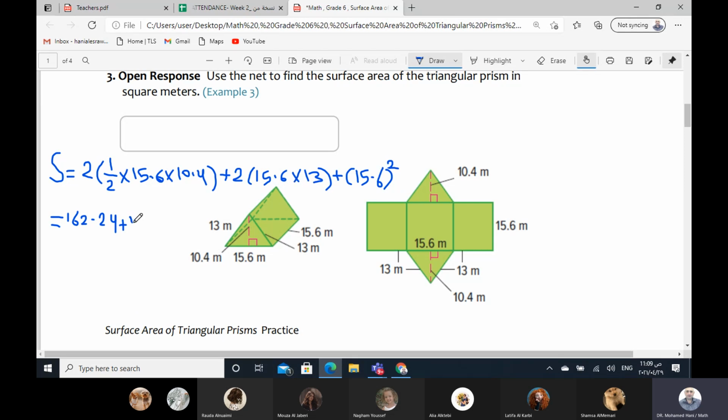The answer will be 405.6, plus here we have 15.6 times 15.6. The answer will be 243.36.